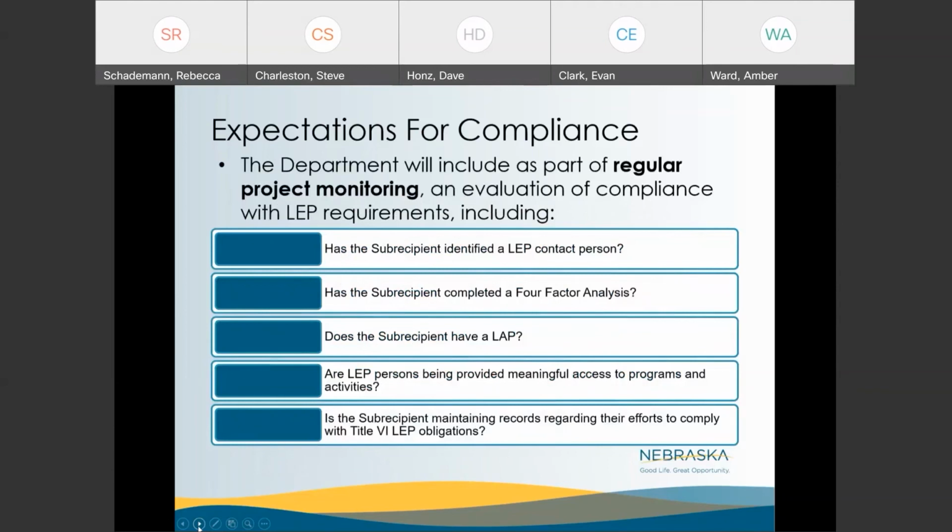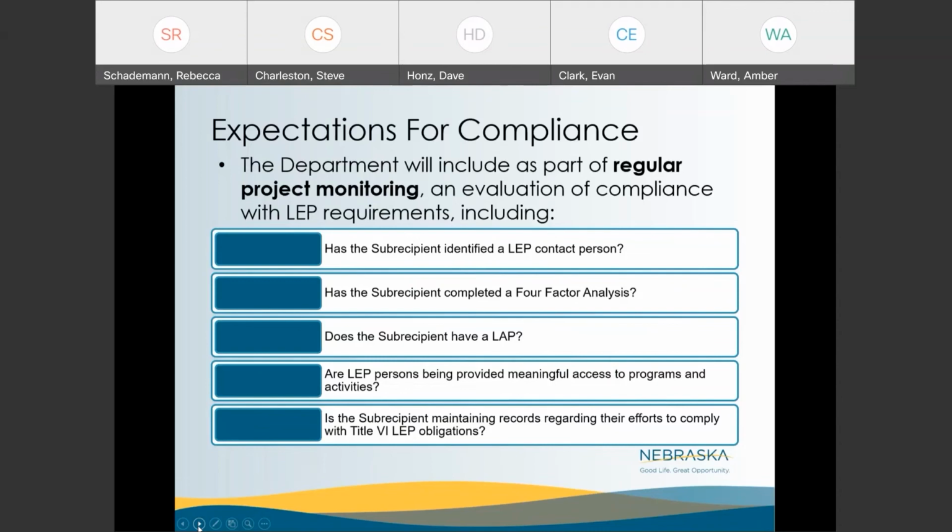So we will include this as part of our regular project monitoring on evaluation of compliance with LEP requirements. A couple of things that we're taking a look at: Do you have an LEP contact person? Have you completed a four-factor analysis? Should be easy because we require it at time of application. Does the subrecipient have an LEP plan? We'll take a look at your answers to the four-factor analysis to see if, based off of the data, that is a requirement, you should have triggered an LEP plan.